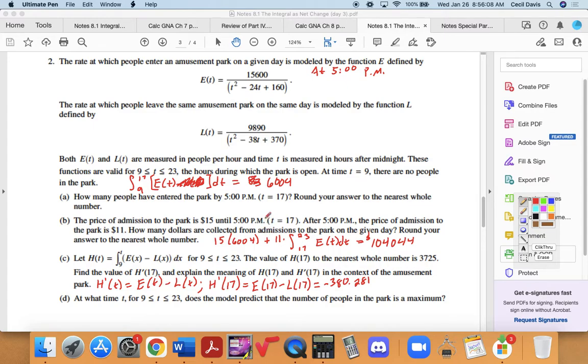So at 5 o'clock p.m., there are 3,725 people in the park.